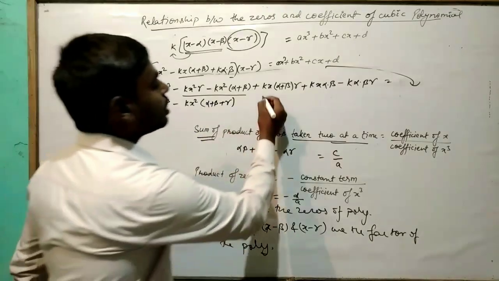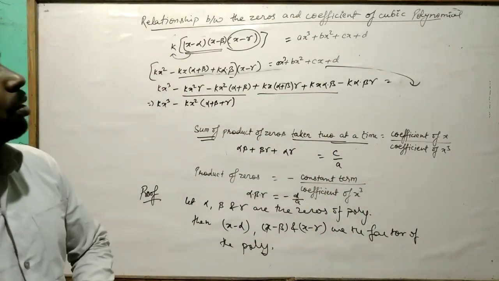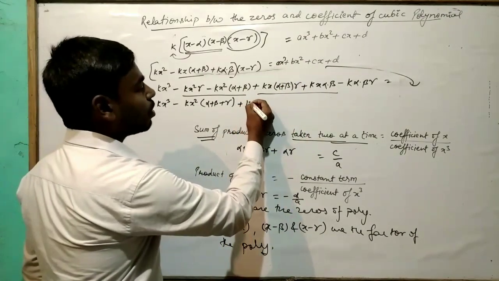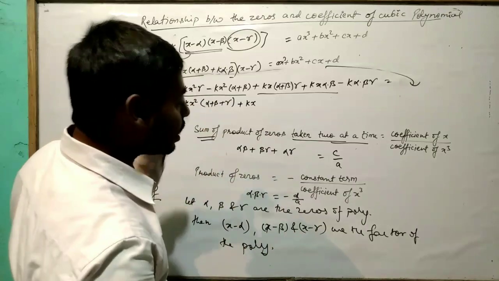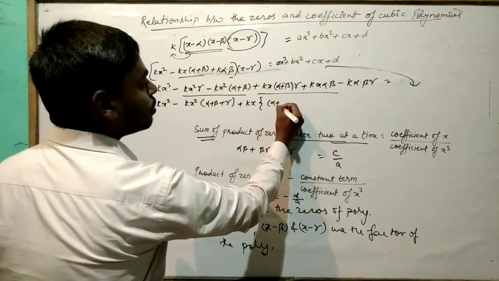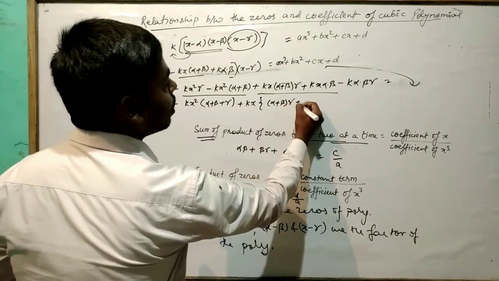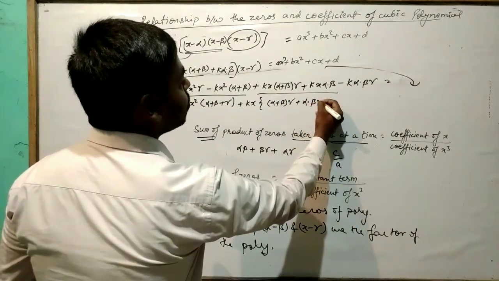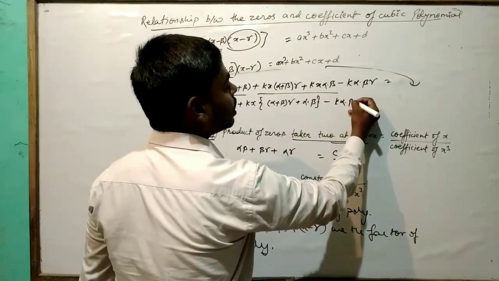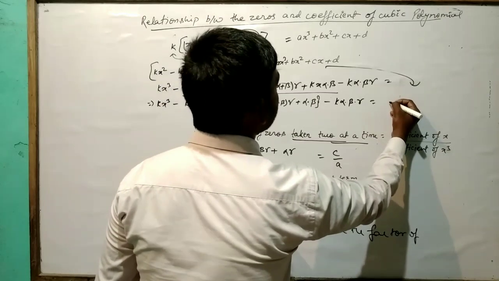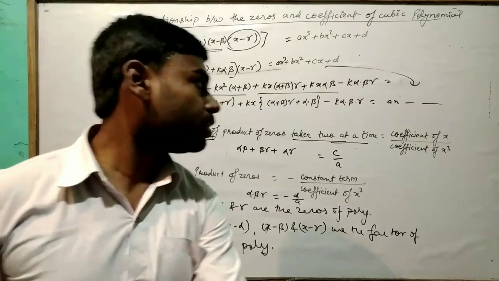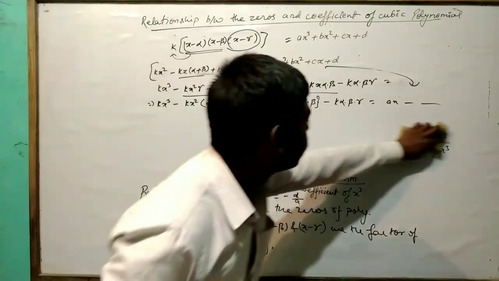And in these two terms kx is common, so we get kx into alpha plus beta into gamma plus alpha into beta. And the last term is k alpha into beta into gamma, equal to ax cube plus bx square plus cx plus d, equal to 0.